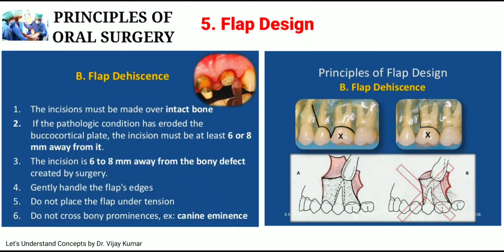So the incision is always 6 to 8 mm away from the bony defect you are going to create by the surgery. Handle the flap edges gently. Do not place the flap under tension and do not cross bony prominences like the canine eminence.